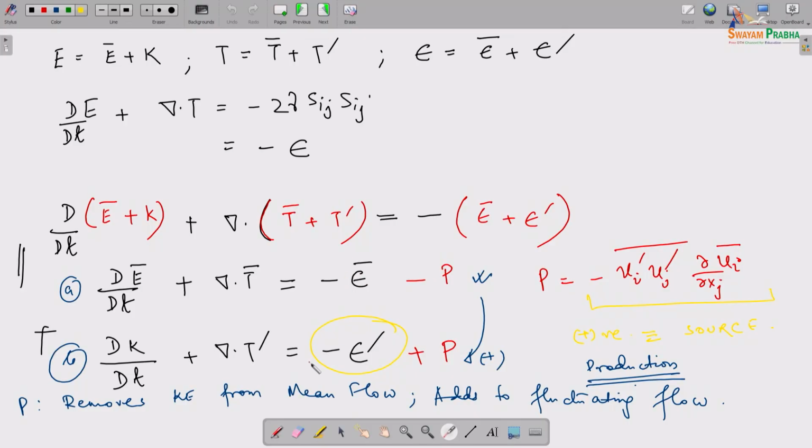And this I find very interesting. Actually, the way we write here, we develop these two equations, and then we basically say that this production is taking away energy from the mean part of the flow and adding it to the turbulent part of the flow.